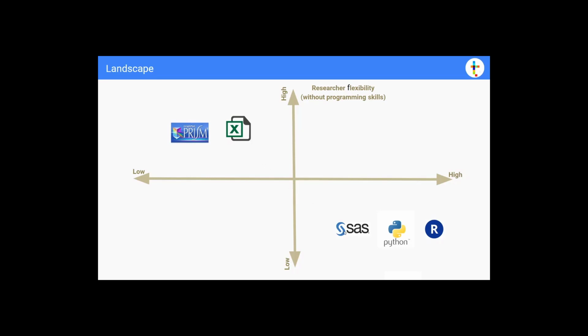And then you have the programming languages, which are able to handle much more data, but you need programming knowledge. And therefore, it's in this quadrant here. Tercen is trying to be up here, where you can handle the large data, the high dimensionality, as well as not need to program.